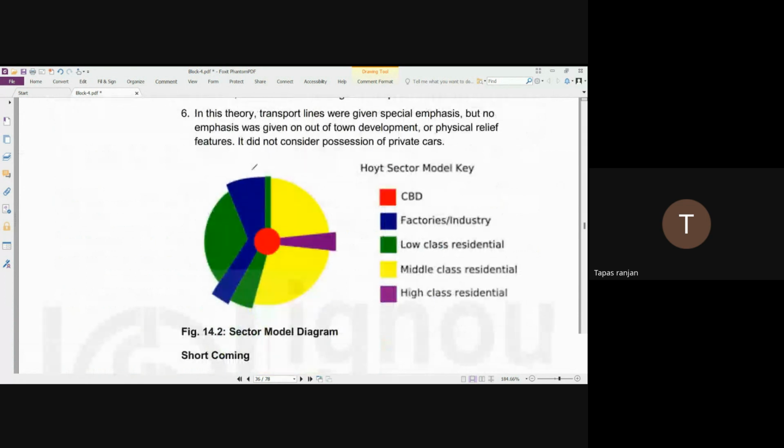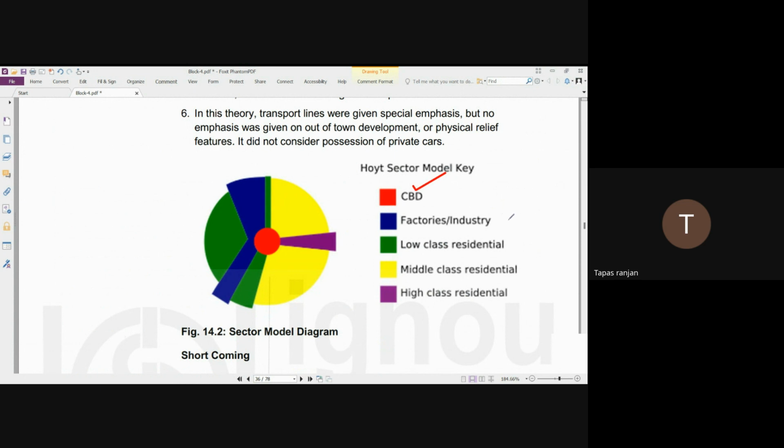So this is the sector model, in which you can see the CBD, the central business district, having the same characteristics given by Burgess in the concentric zone model. It will be non-residential in character, and a lot of trade and market activities will happen in and around this CBD region.